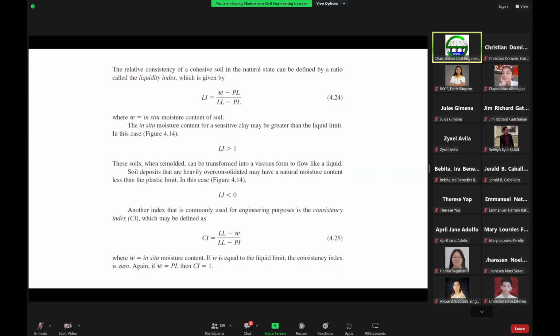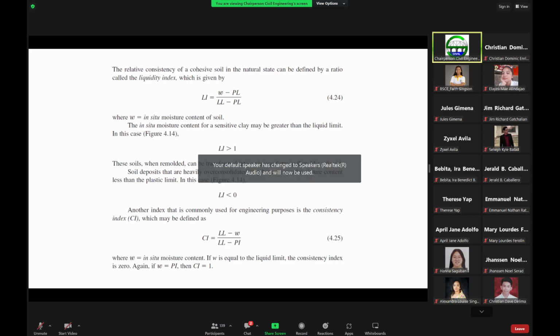Now, if you try to plot the liquidity index for a number of days, or in the seasons within a year, with respect to time for a particular site, and there are changes in the liquidity index, you would know that there is a change of moisture happening, which can now be treated as the active zone.